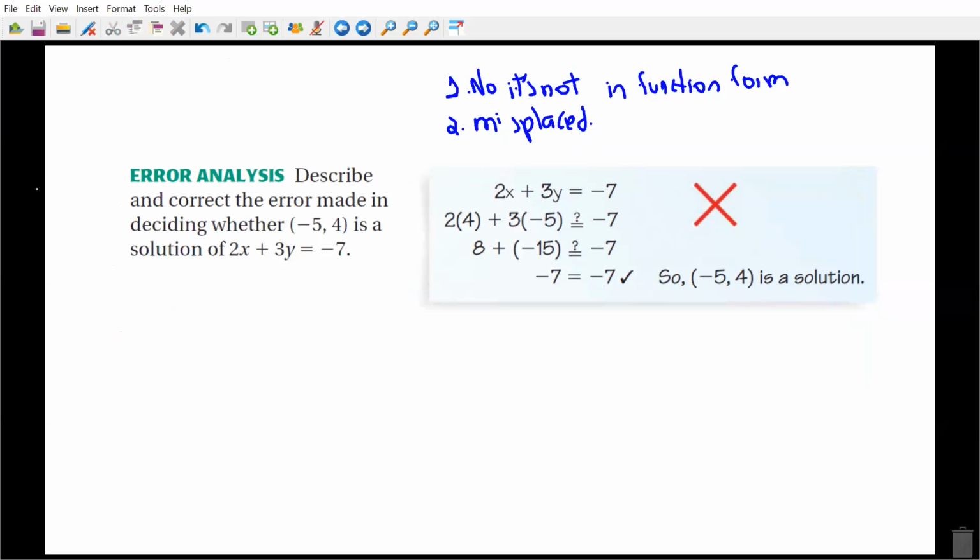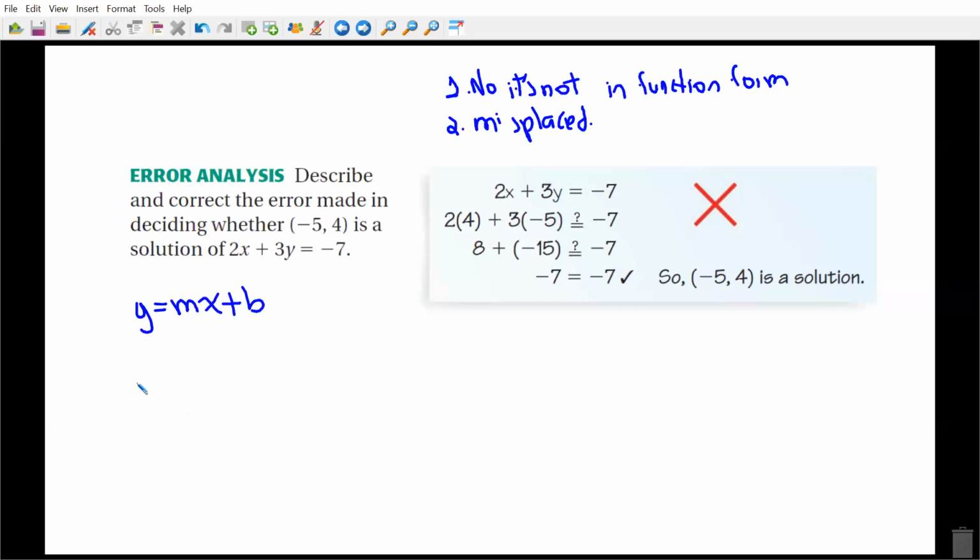Well, function form. Let's see. First of all, function form would be what, Mr. Merchant? Y equals mx plus b. Okay, that will be the function form.